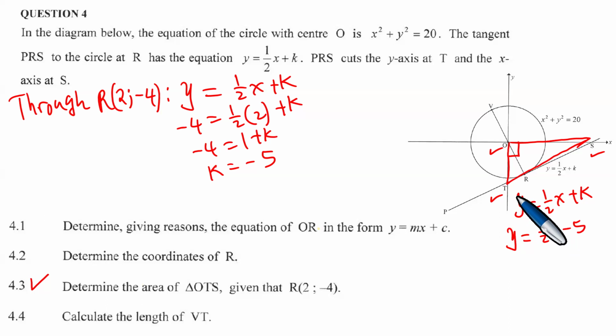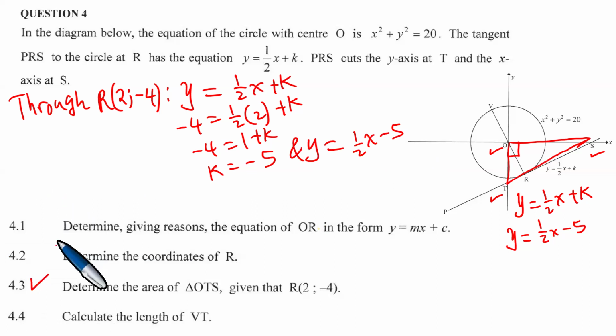A couple of things remain very important here. For instance, we want to know the x-intercept. We found k, and the line is y equals 1/2 x minus 5.